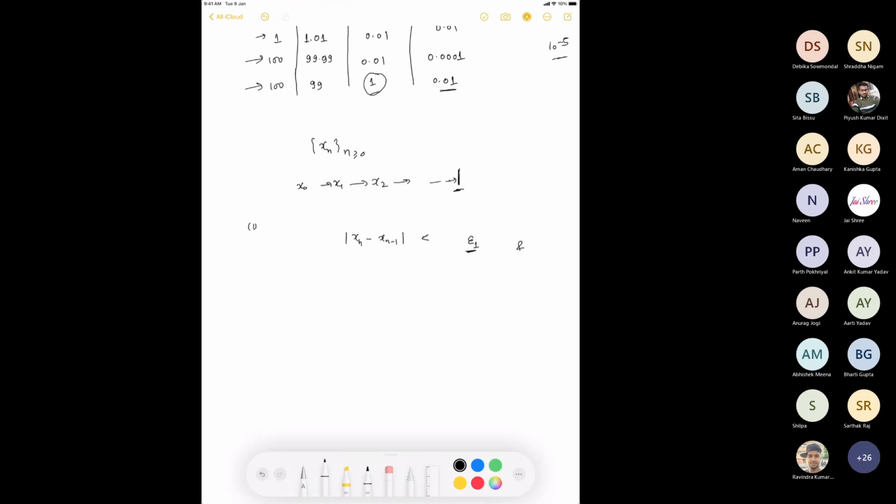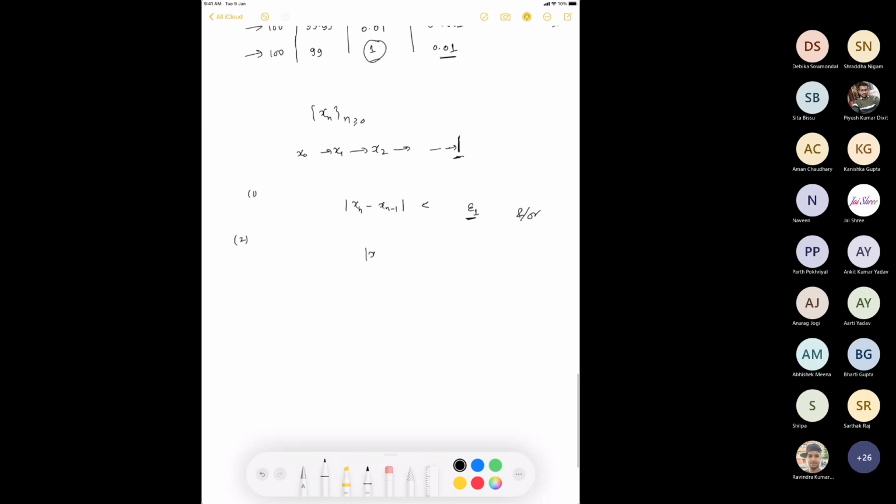Or you can use the other way to stop the algorithm, which is based on the relative error. So I'm going to compute this quantity, okay, and I will check whether this is less than my set tolerance.